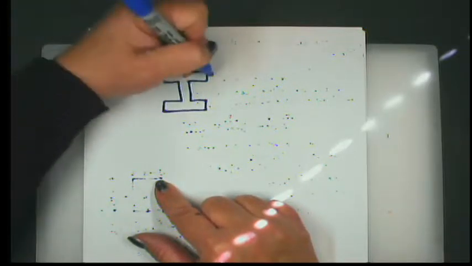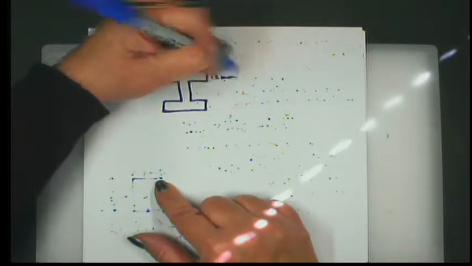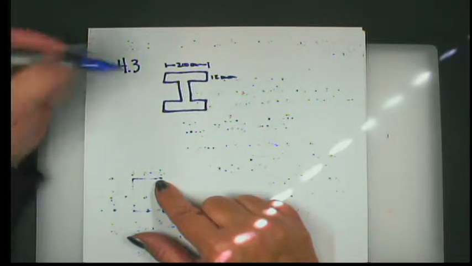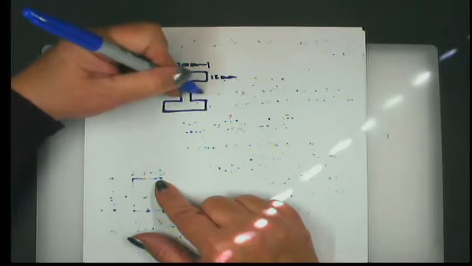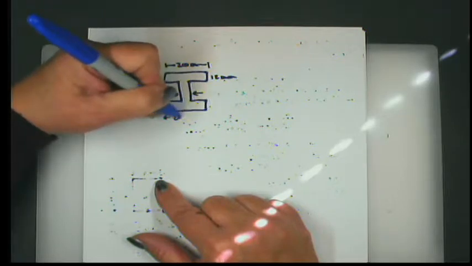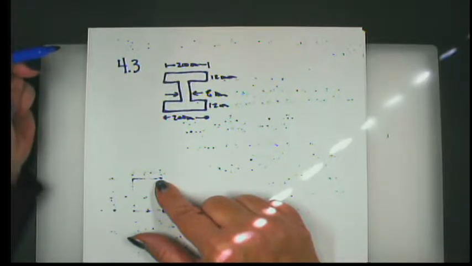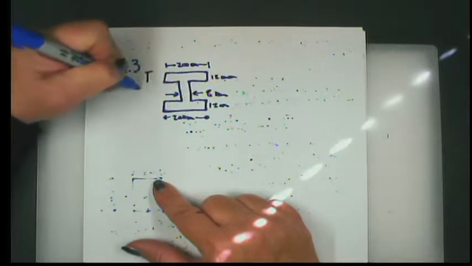We're told that this dimension is 12 millimeters. We are told that the bottom is the same. So this is 200 millimeters. And this is 12 millimeters. This is 8 millimeters. And the entire height from top to bottom is 220 millimeters.